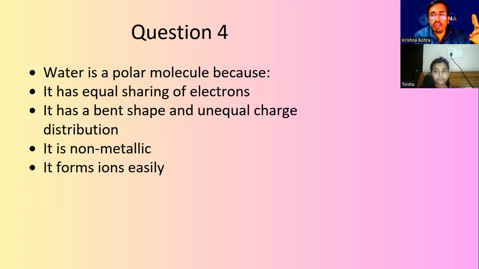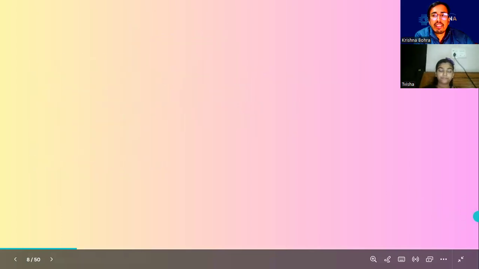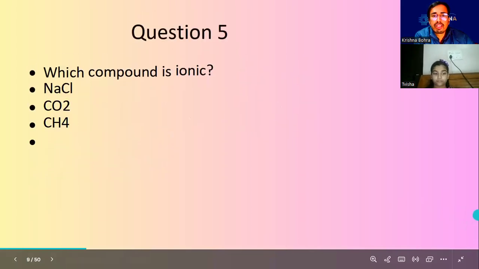Although oxygen, nitrogen, and fluorine are the most electronegative elements of the periodic table, as a general rule, the greater the atomic number, the greater the electronegativity, for a simple definition. So option B was correct. Moving on to the next one.